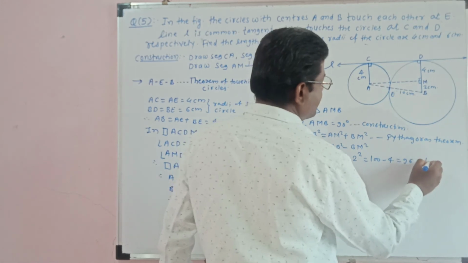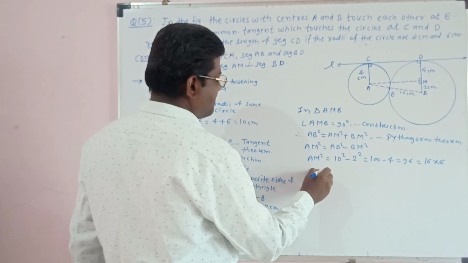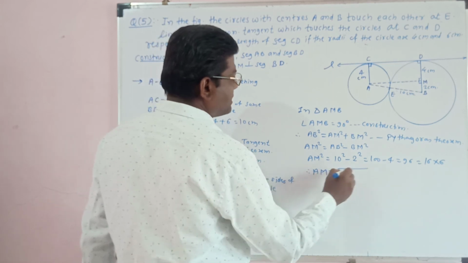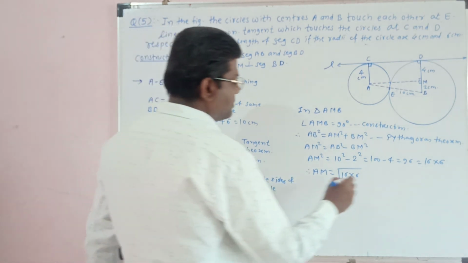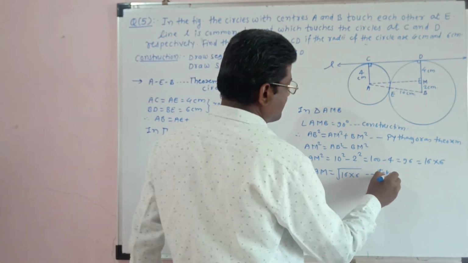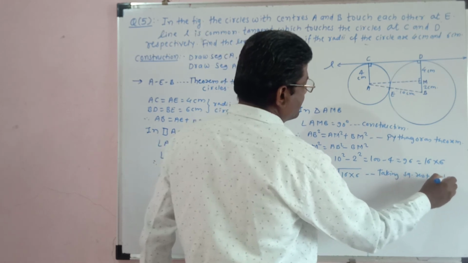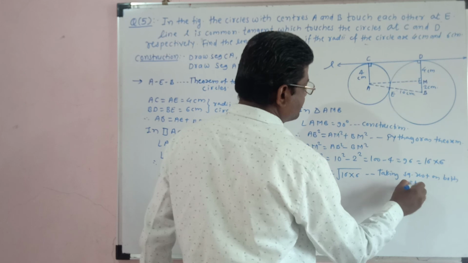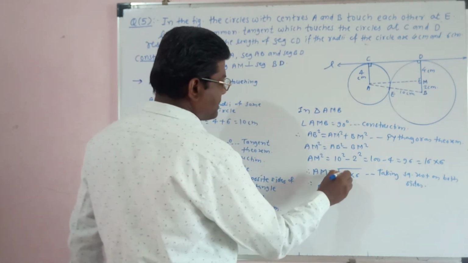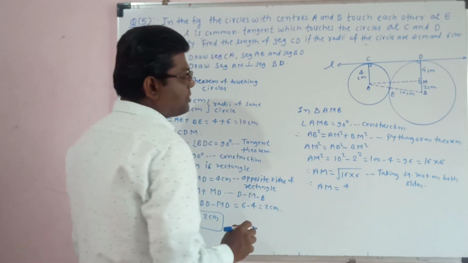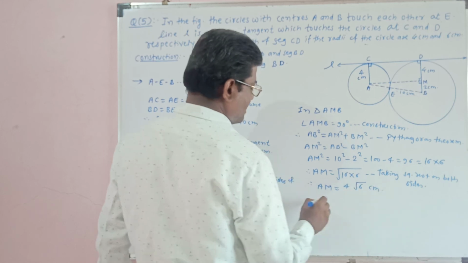This 96 can be written as 16 into 6. Therefore, AM is equal to square root of 16 into 6, taking square root on both sides. Therefore, AM is equal to square root of 16, which is 4, root 6 centimeters.